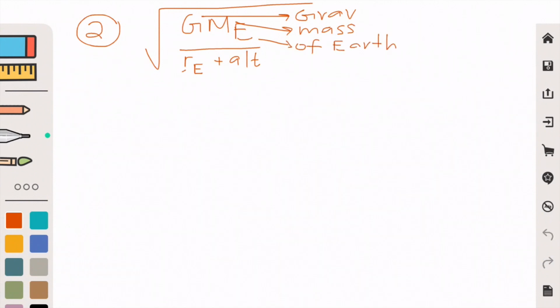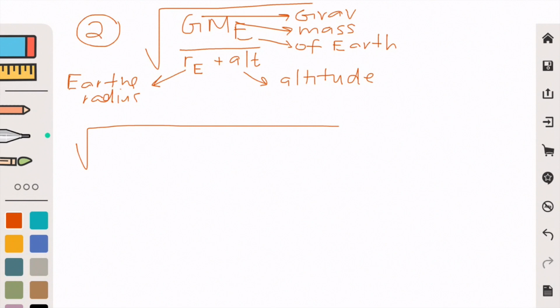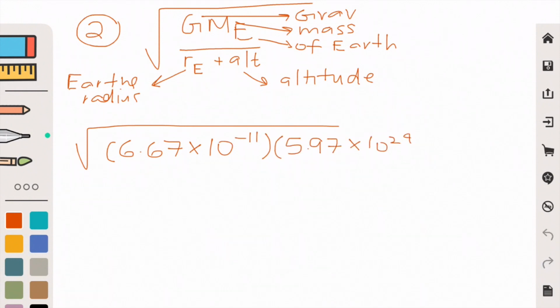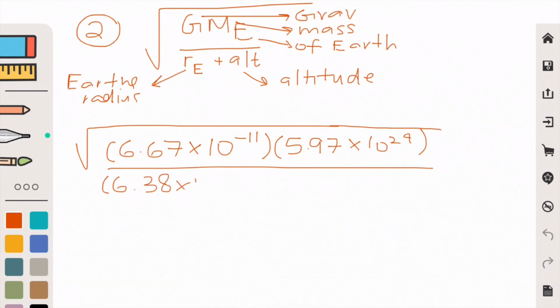So V equals the square root of 6.67 times 10 to the power of minus 11 times 5.97 times 10 to the power of 24, put that in brackets, all over 6.38 times 10 to the power of 6 plus 35786 times 10 to the power of 3, put that in brackets, and square root all of that.